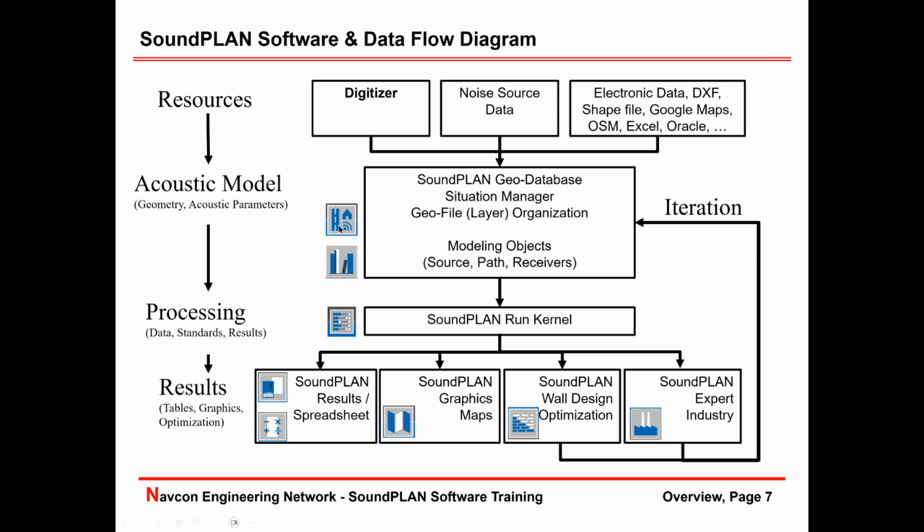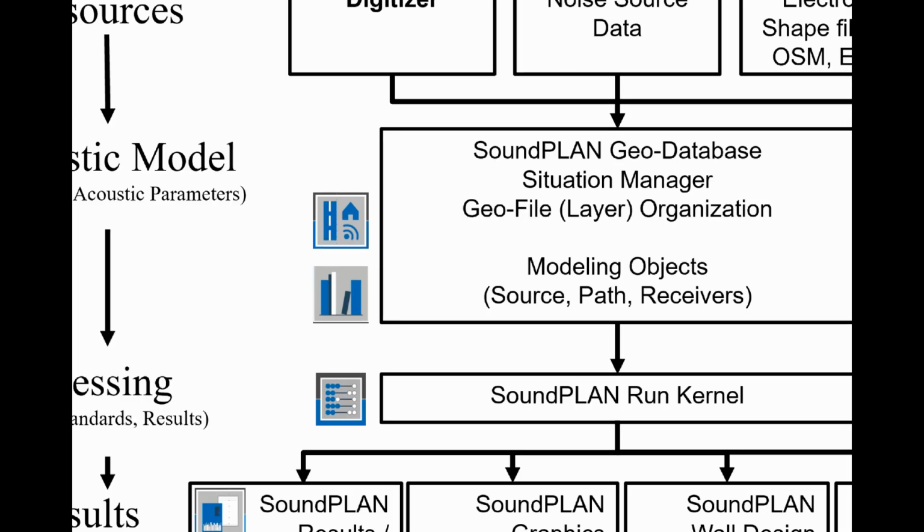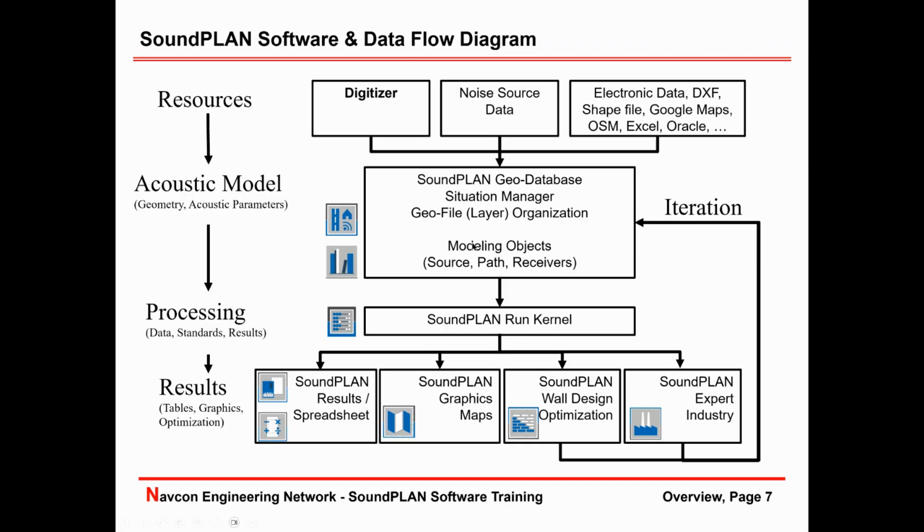So here we have the Geo-Database and the library. The Geo-Database, we'll find out, has different organization tools. There's the situation, and then we have the geo-files that I also refer to as layers.